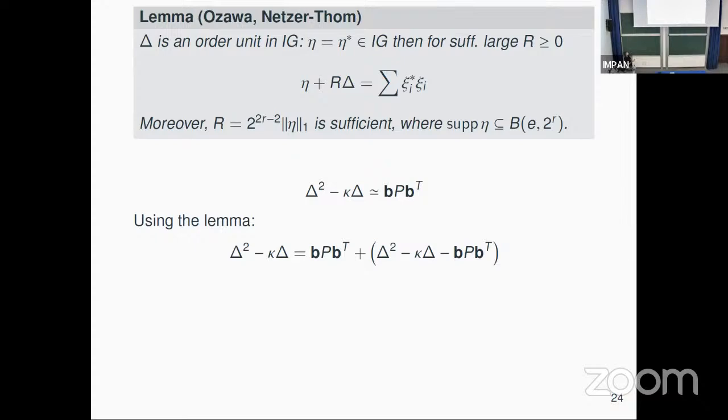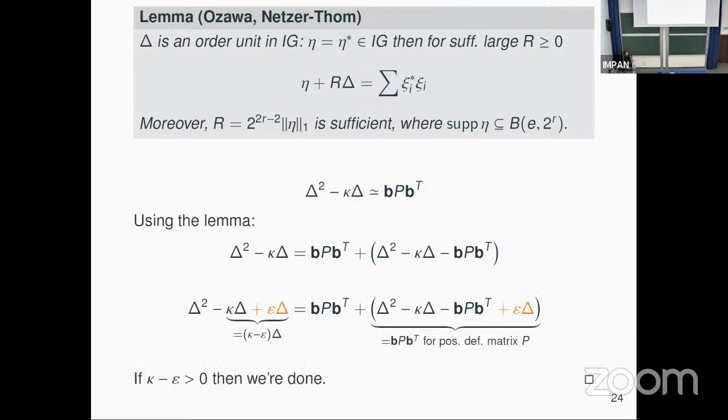So now to this part, I want to apply the lemma and maybe add some multiple of the Laplacian to see if I can turn this element to be positive. So I add epsilon times delta, and this epsilon will depend on this estimate here. And then this becomes a sum of squares.